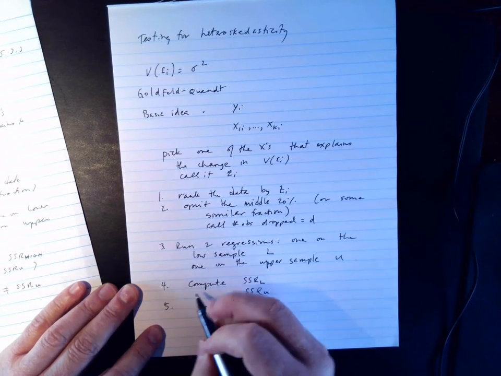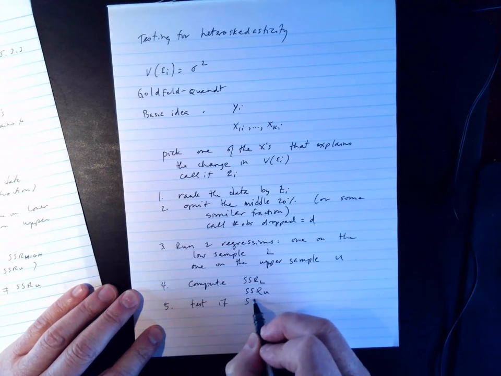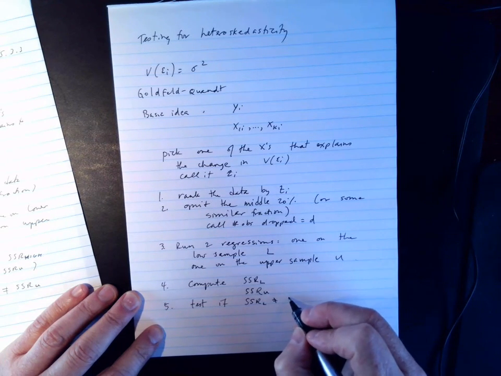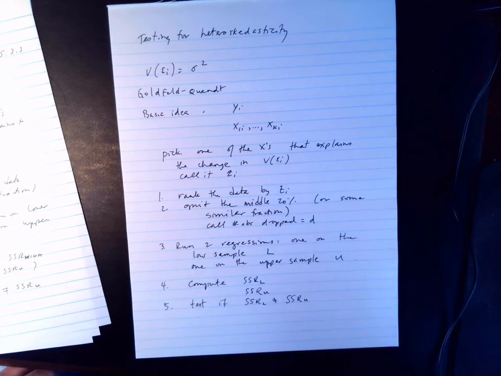Our test is that the sum of the squared residuals for the lower sample equals or doesn't equal the sum of the squared residuals for the upper sample.